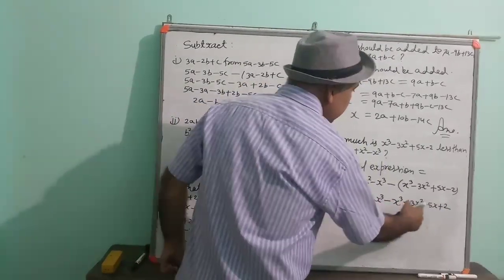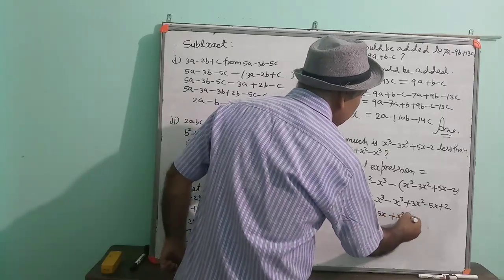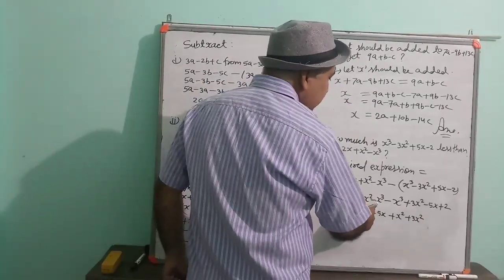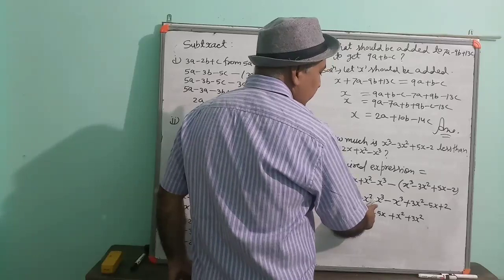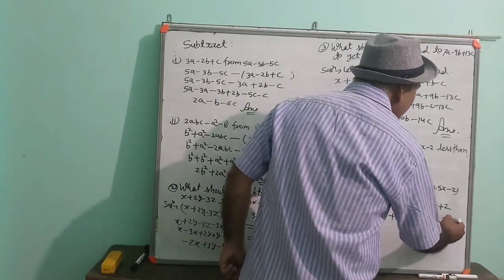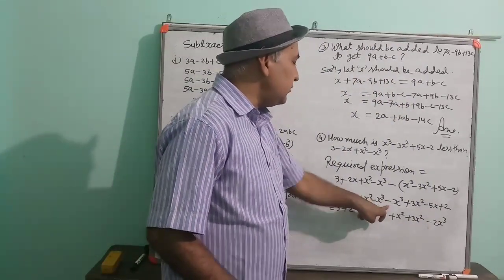Minus 2x minus 5x. Then plus x square plus 3x square. Minus x cube and minus x cube are already together, so they become minus 2x cube because similar signs add together.